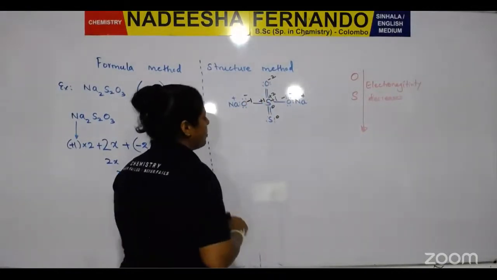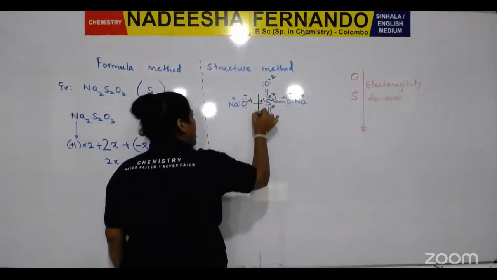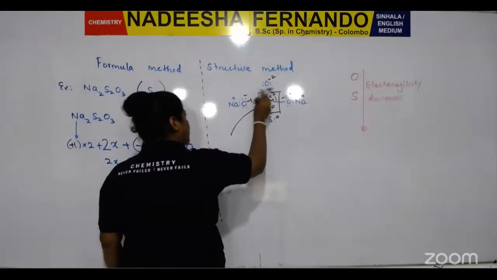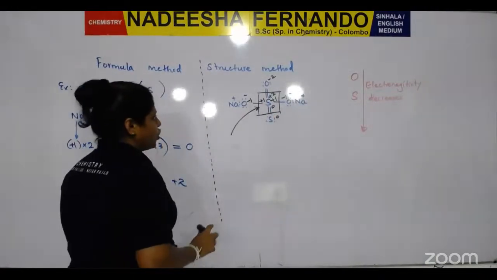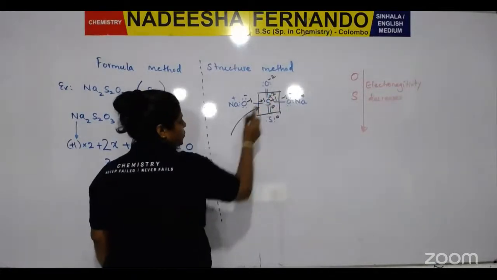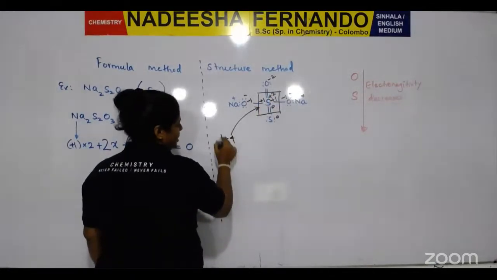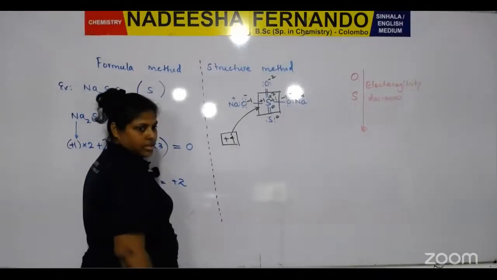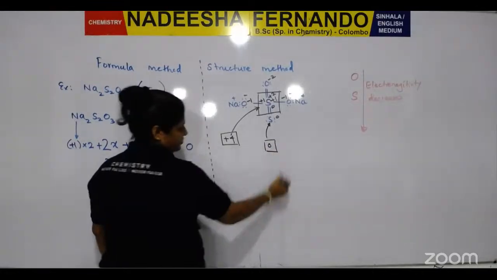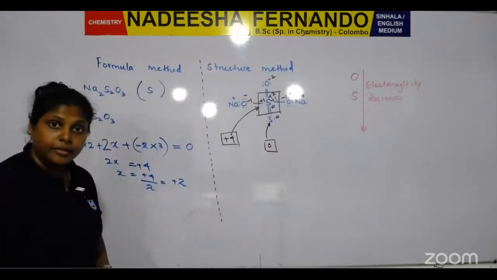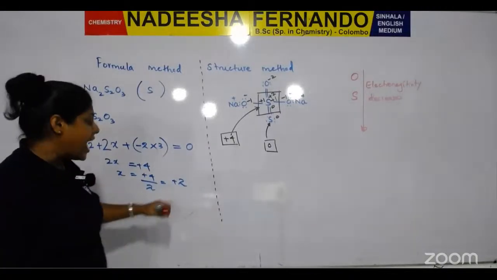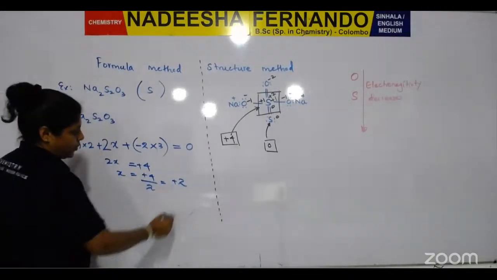So oxidation number is given by the overall charge due to bonds and the charge already existing. So central sulfur has +1, +2, +1, total as +4. Surrounding sulfur has 0. Remember that. From the formula method, we can take the average value.